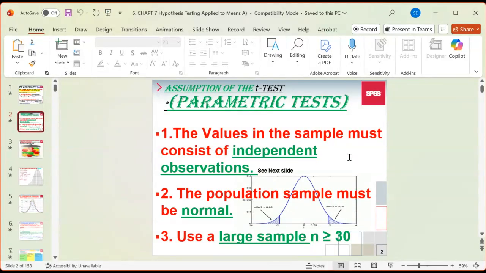So for that, there is another set of statistics which we call non-parametric tests. If we can't meet these assumptions, it doesn't mean you can't conduct research. For example, look at the third one.